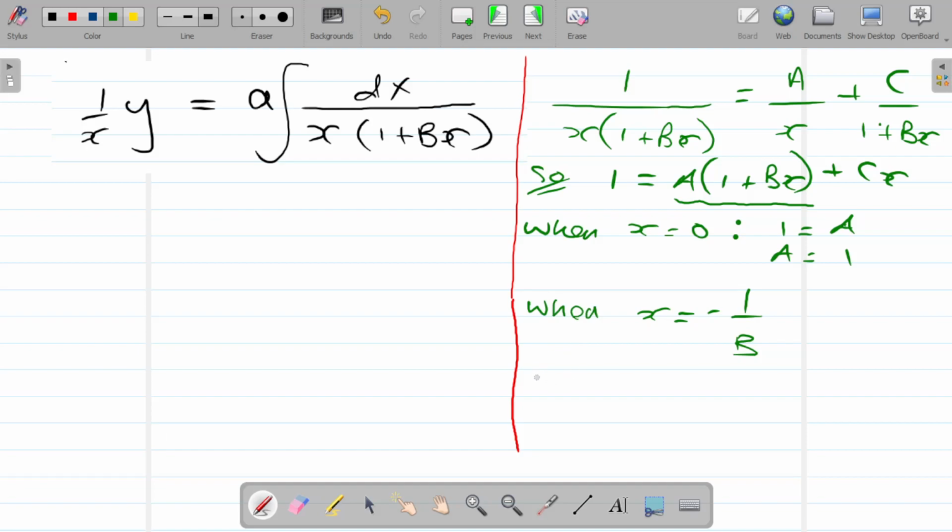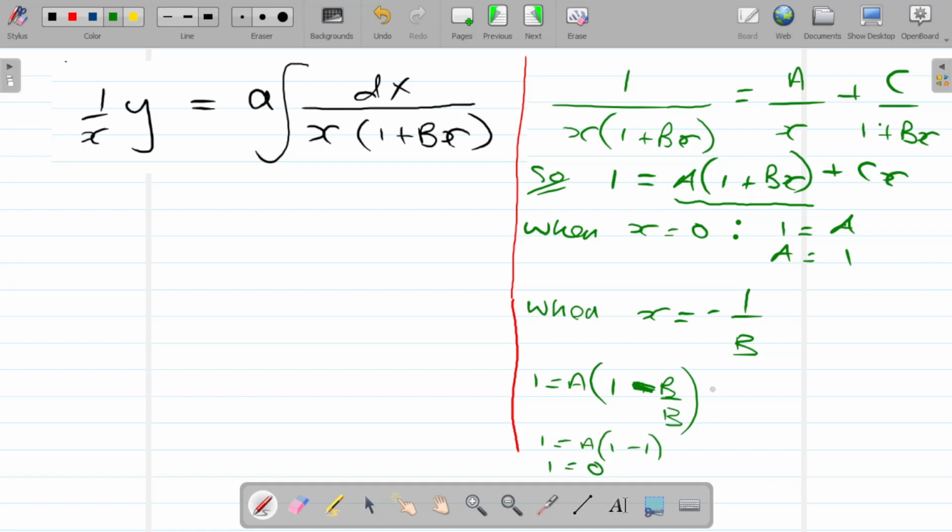I'll just write this down here. We've got 1 equals a times 1 plus b over minus b. So that becomes a minus. So we've got 1 equals a, 1 minus 1, 1 equals 0, which you can't have.